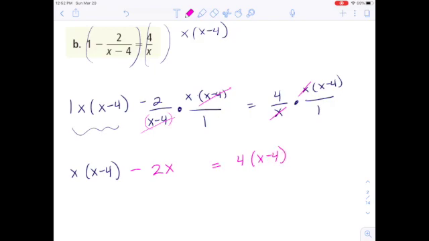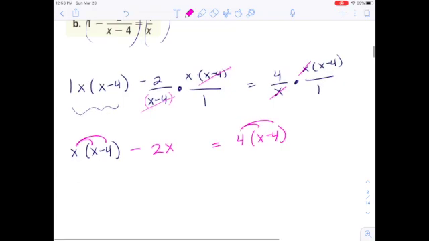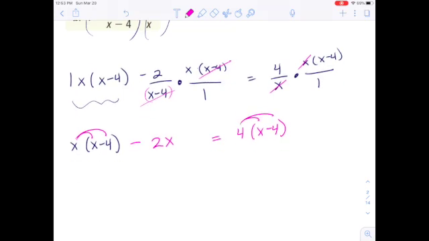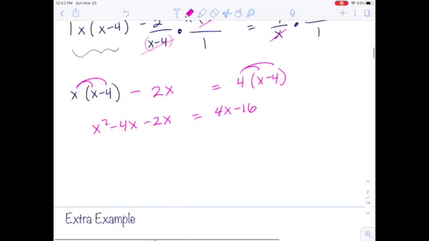Now, if all your fractions don't disappear, then maybe you didn't multiply by a least common multiple of them. So your fractions should all drop out at this point. And all we have to do is distribute on both sides of your equation, combine our like terms, and solve. So we've got x squared minus 4x minus 2x is equal to 4x minus 16.